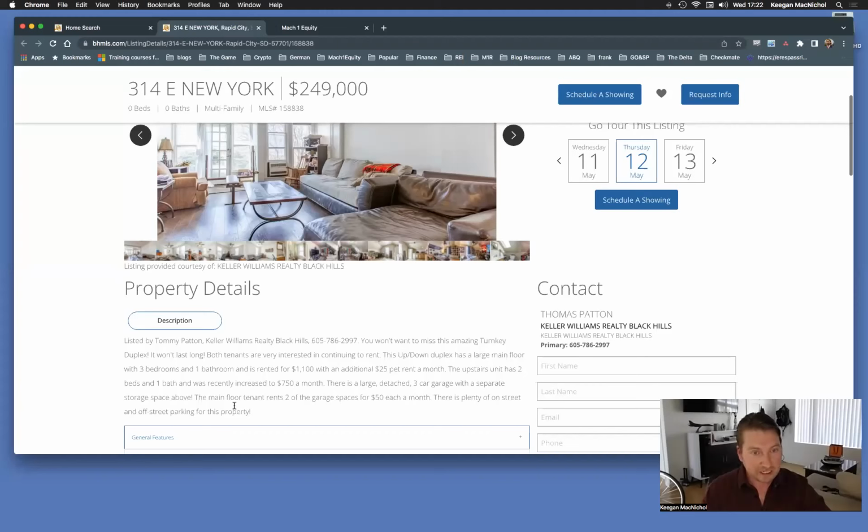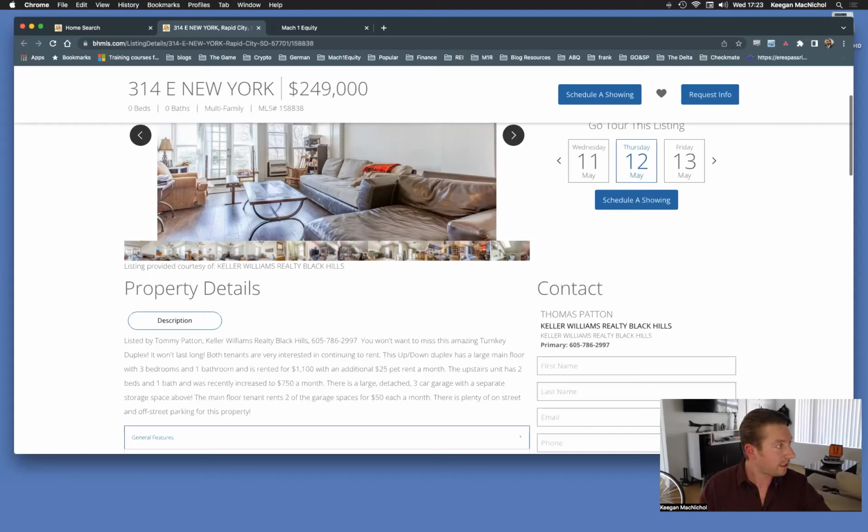They've got pets. And he's saying, okay, 2 garage spaces for $50 each a month. That is, like I said, good income. What's nice about pet fees and things like garages is it's income that doesn't add any overhead, there's no expenses to having a pet, really. If it's a pet proof apartment, if you have carpet, maybe that's a consideration, right?